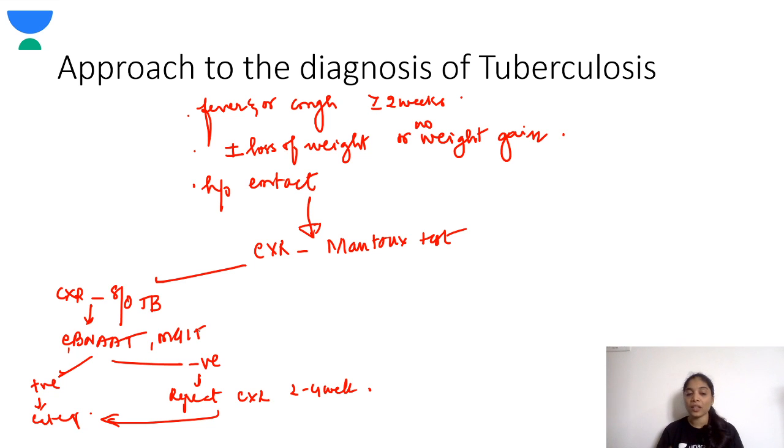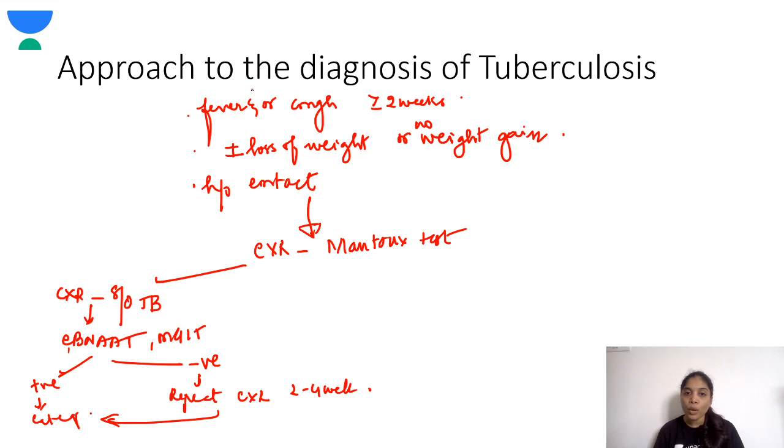So you send the gastric aspirate or the induced sputum for CB-NAT, or the GeneXpert, or the MGIT. If it is positive, you categorize the patient and start the treatment. If it is negative, repeat the chest X-ray after 2 to 4 weeks. If it is again negative, then no tuberculosis. If it is positive, then assign the child the category and start the treatment.